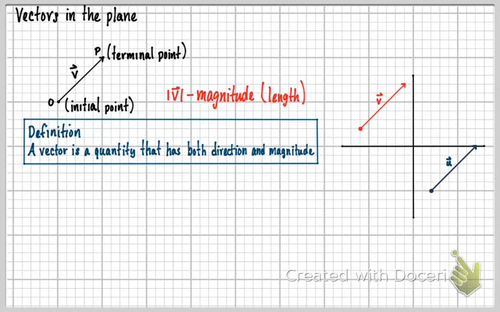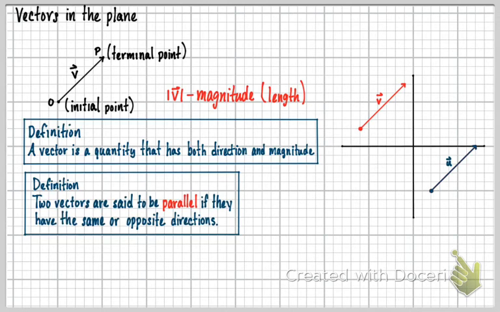Another thing we can say about these two vectors is that they are also parallel. Not necessarily because they're going in the same direction, but if you think about them as lines, they're never going to cross. So we can look at these as parallel vectors. Two vectors are said to be parallel if they have the same or opposite directions.